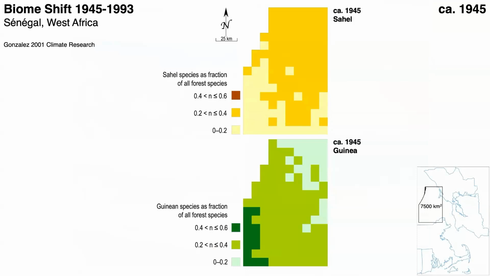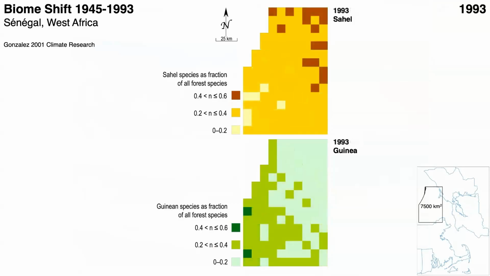This is about 1945. And the top is the Sahel biome. And the darker it is, the more arid zone species you have. So dark is arid. This is the Guinean biome. And the darker it is, the more green you have, the moister it is.